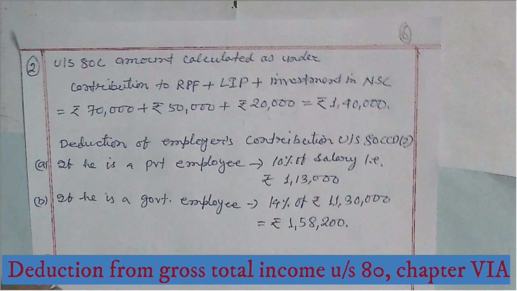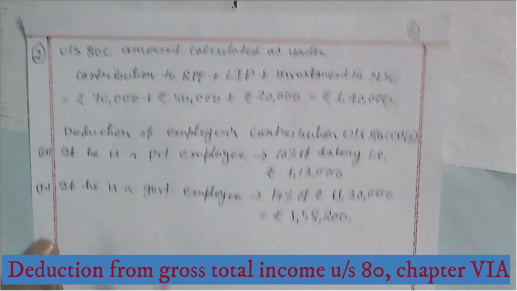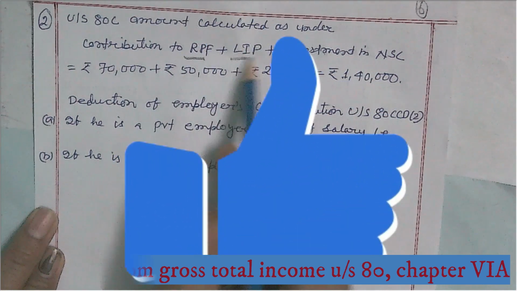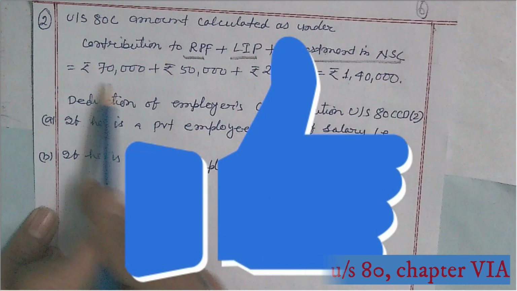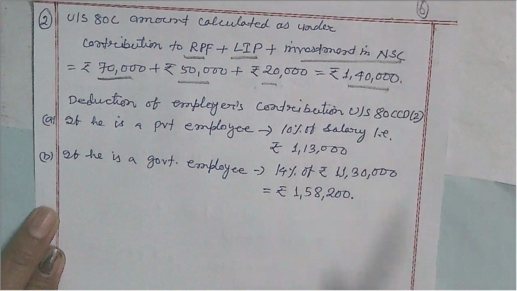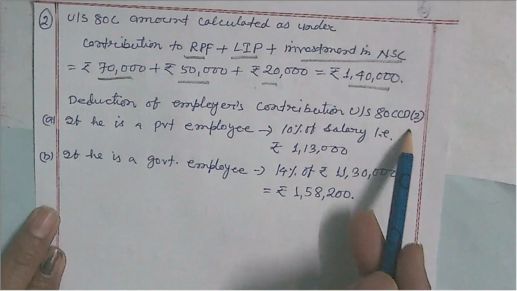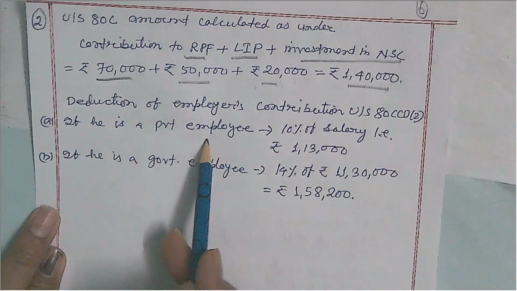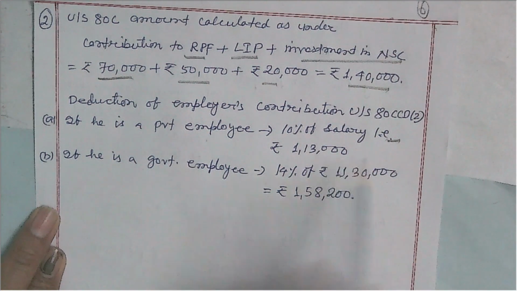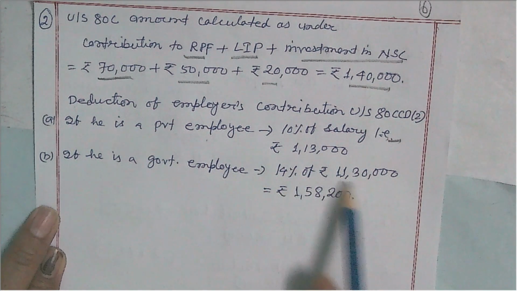Now under section 80C the calculated amount is contribution to RPF plus life insurance premium plus investment in NSC: 70,000, 50,000, 20,000, 1,40,000. So the deduction of employer's contribution under section 80CCD(2) if he is a private employee is 10% of salary, 1,13,000.